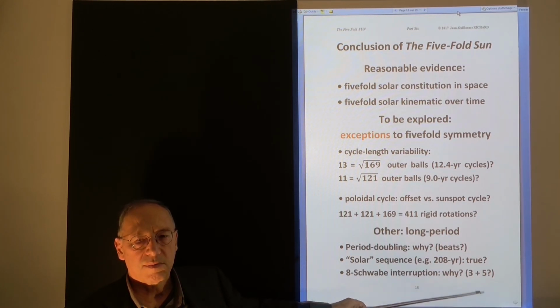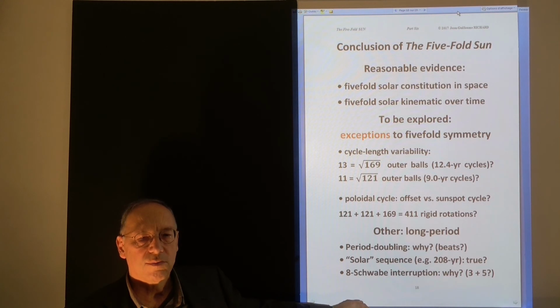Secondly, another exception is there, in fact, as suggested in the Fivefold Sun and in this series of videos, a poloidal cycle which is offset versus the sunspot cycle, not always in antiphase.